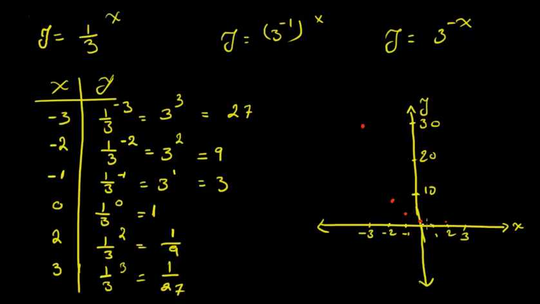So if x is 1, y is 1/3. If x is 2, y is 1/9. And if x is 3, y is 1/27. So we can draw like this.